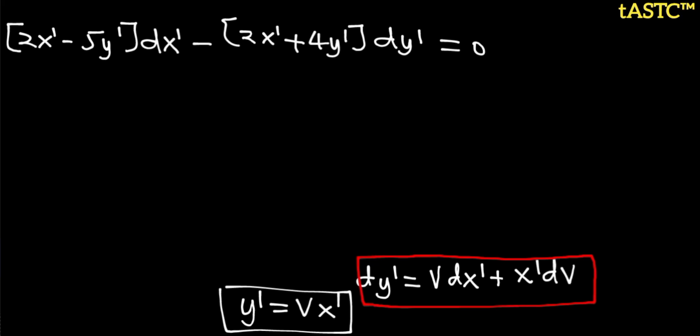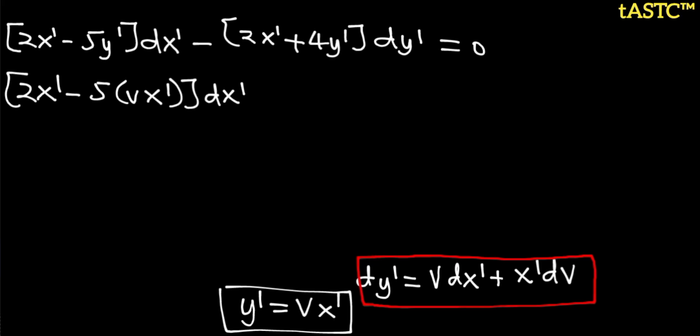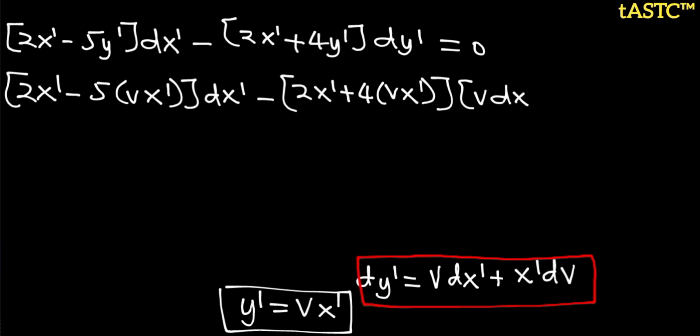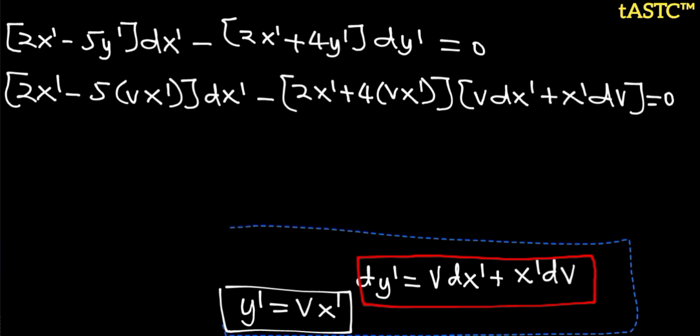So we're basically going to plug it back into this equation. So that is going to be (2x prime minus 5 multiplied by vx prime) multiplied by dx prime, and on this other side, we're going to have dy prime plus 4 multiplied by vx prime, and we have dy prime, which is actually v dx prime plus x prime dv, and these all are equal to 0. So we can wipe these ones out also.